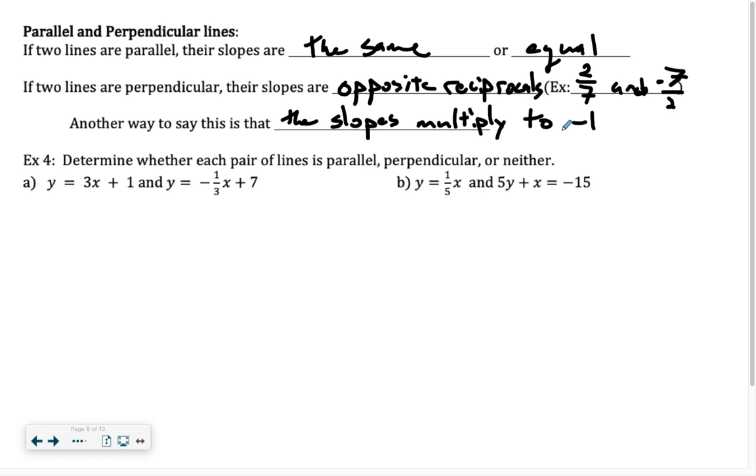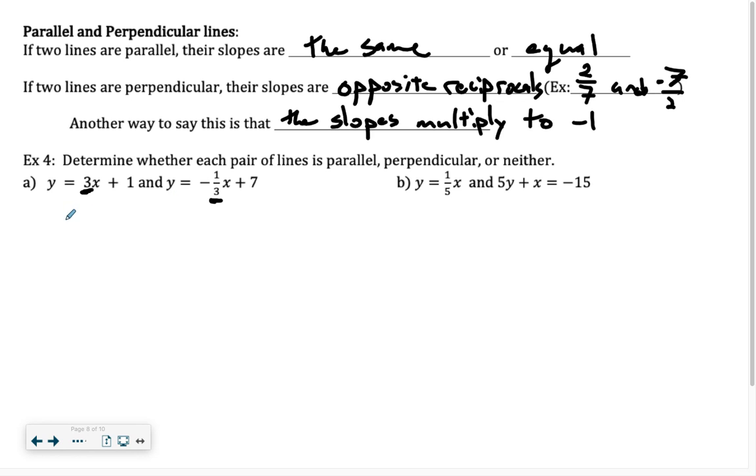First, we just want to determine whether each pair of lines is parallel, perpendicular, or neither. To do that, all we're doing is comparing the slopes. In this first example, both of these lines are already in slope-intercept form, y equals mx plus b. So the m is all I'm looking at, the slope.